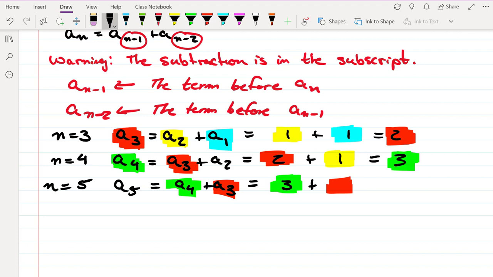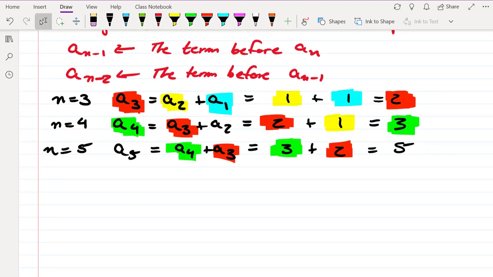And so finally, a sub 5 is equal to 3 plus 2, which is 5. So we notice, as we said, that this sequence depends on the sequence members that came before. So if we write this out, we had a sub 1 was 1, a sub 2 was 1, a sub 3 is 2, a sub 4 is 3, and a sub 5 is 5.